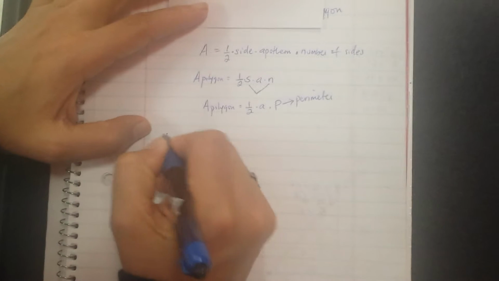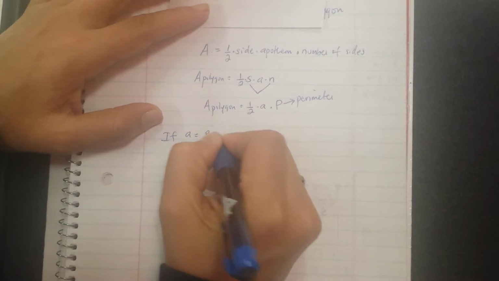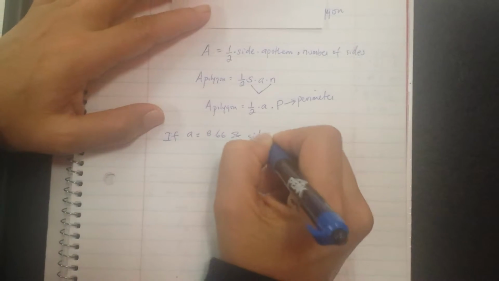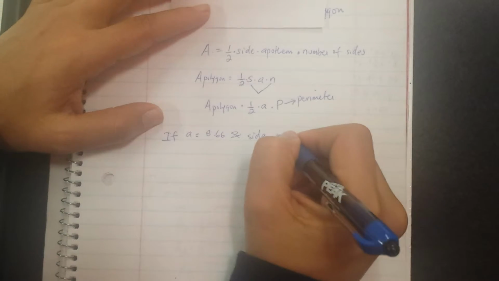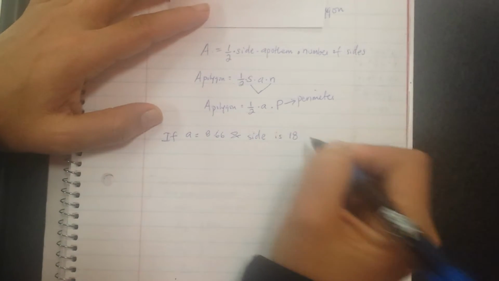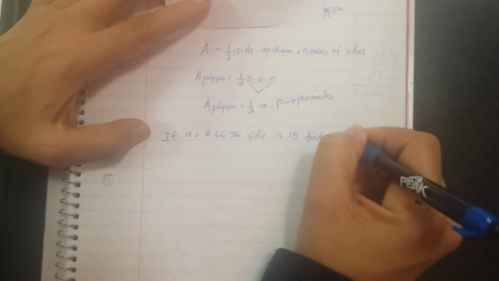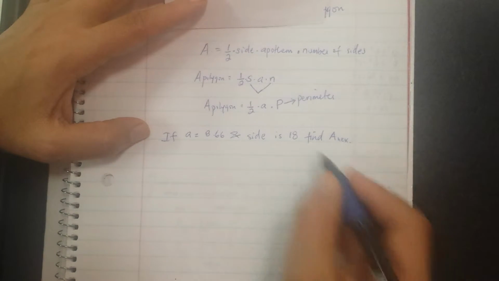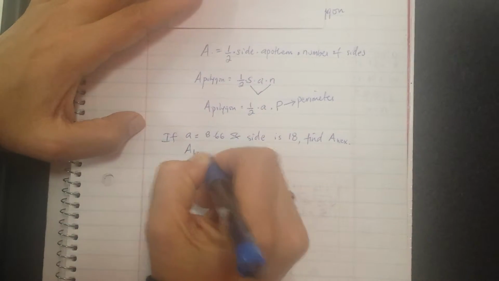If the apothem is 8.66 and a side is 18, what is the area of this hexagon? Find the area of the hexagon.